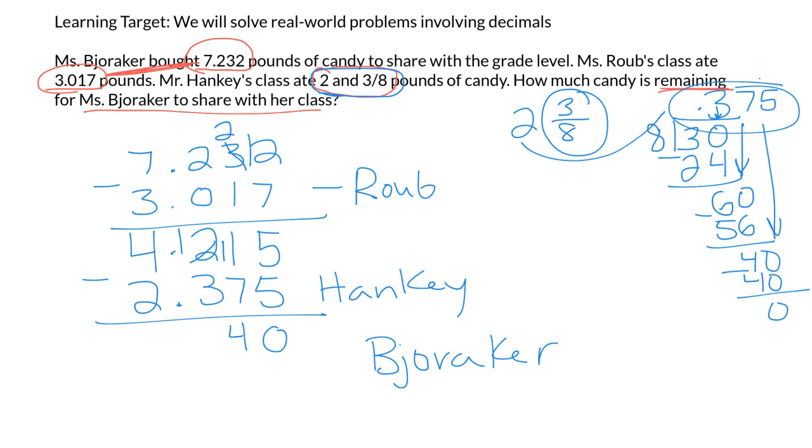Okay, now right here, looking at my tenths, I know that got a little bit unorganized, but I have 1/10 minus 3/10, which I can't do, so I'm going to have to come over to my wholes right here. I'm going to borrow one of them and regroup that over here. And 11 minus 3 is 8, decimal point. And now I have 3 minus 2 is 1. Okay, so here's how much Ms. Brocker's class has left over.